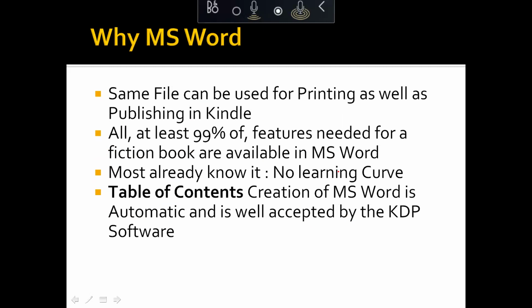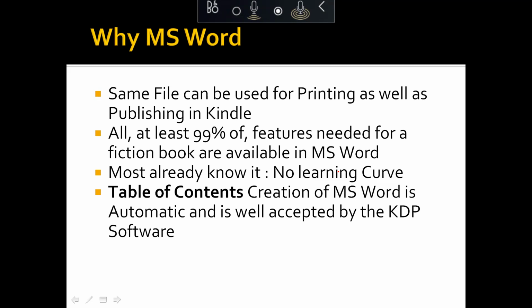And there is one advantage why I want you to use MS Word. Because if you use MS Word, you can use the same file for printing as well as publishing in Kindle. If you are using InDesign, the InDesign output will not be acceptable to Kindle. It won't come in a proper format. But Kindle or Google Books, Kobo or whatever online platform you want to publish, they are very friendly with the MS doc format.